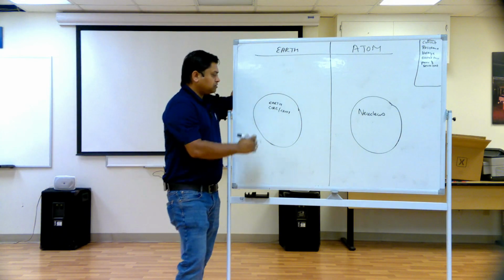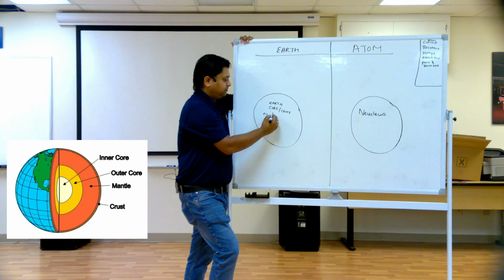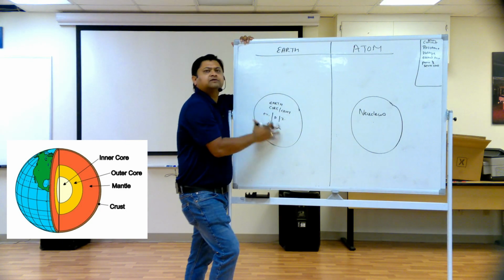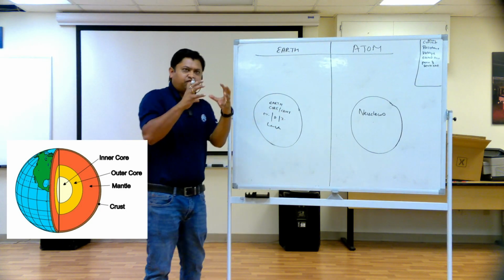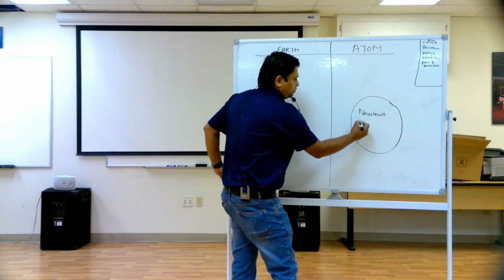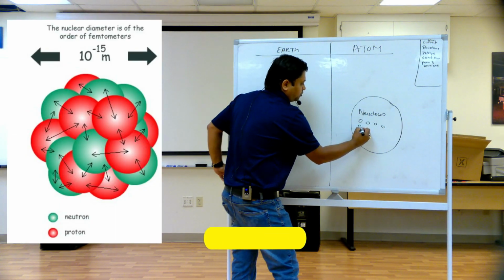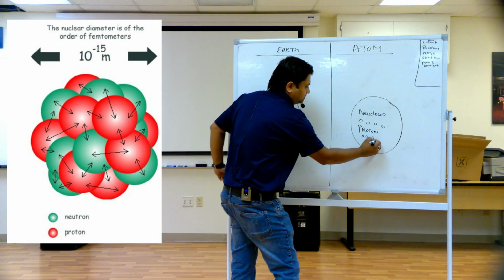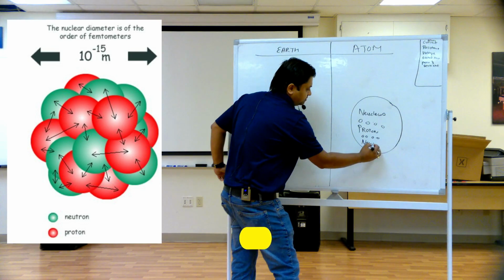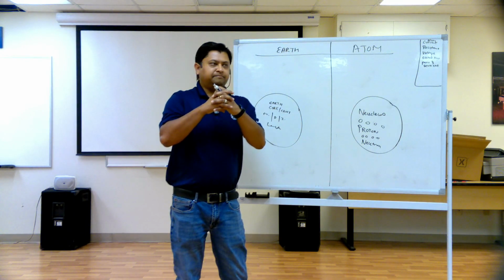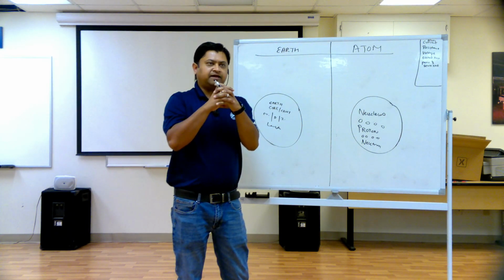In the Earth's core you have a lot of items, like minerals, diamonds, iron, and hot lava. The core is very dense and solid. Similarly, in the nucleus you have lots and lots of protons and lots and lots of neutrons, bound together like a solid core.